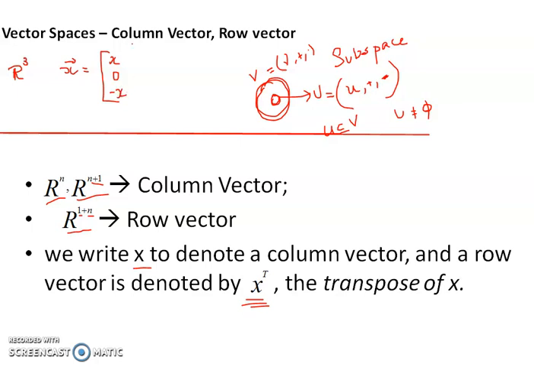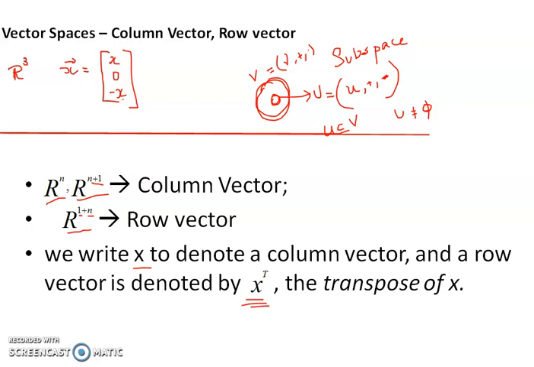So a vector is given like this, with 3 elements inside the vector.